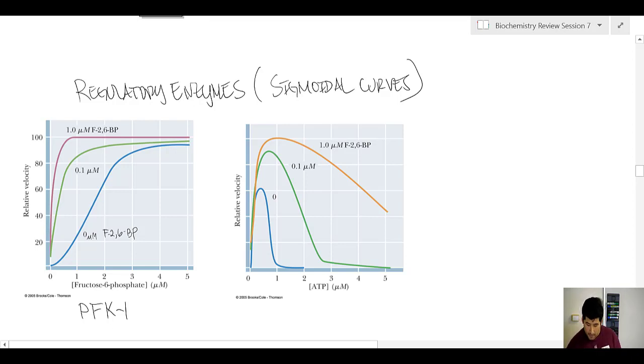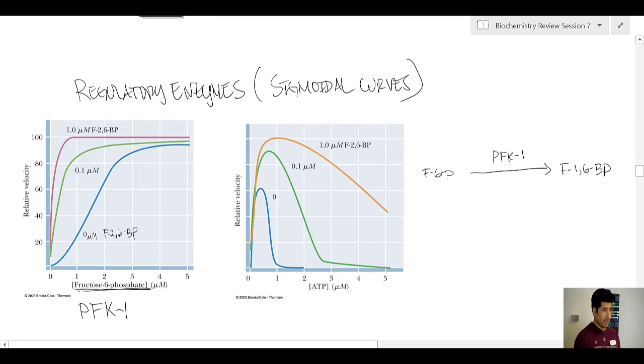All right, so here's PFK1, and PFK1 takes fructose 6-phosphate and it converts it into what? Do you guys remember? It turns it into, close, fructose 1,6 bisphosphate.